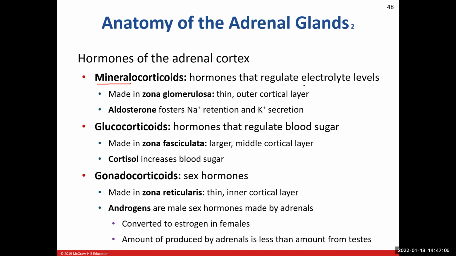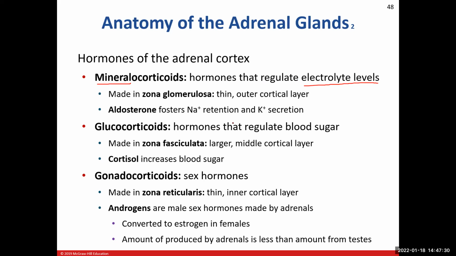I always associate that with electrolytes, like magnesium, calcium, potassium. I think of those as minerals. So these mineralocorticoids are going to regulate your electrolyte levels: how much sodium is in the body, how much potassium is in the body. That's basically what they do.